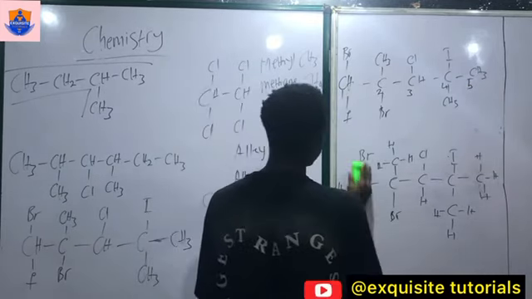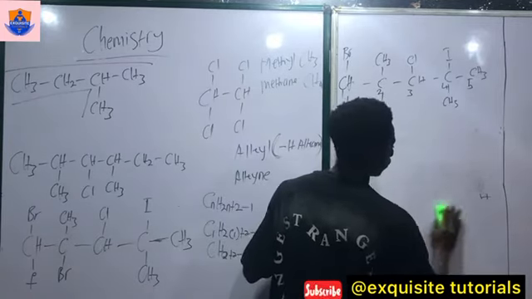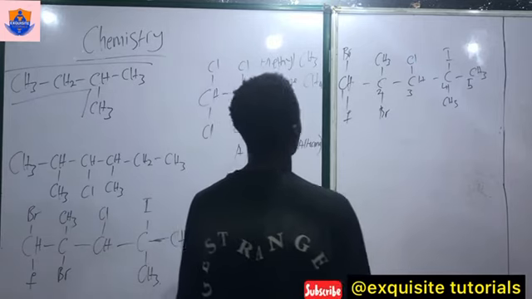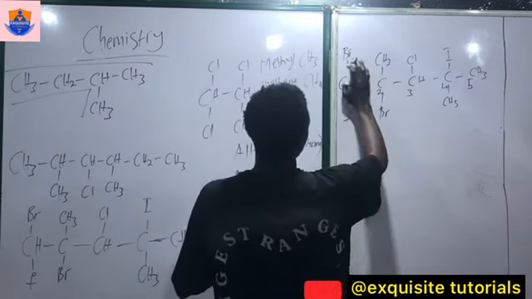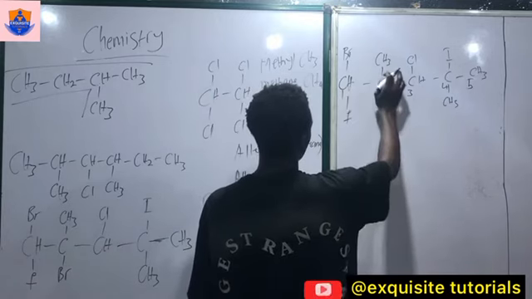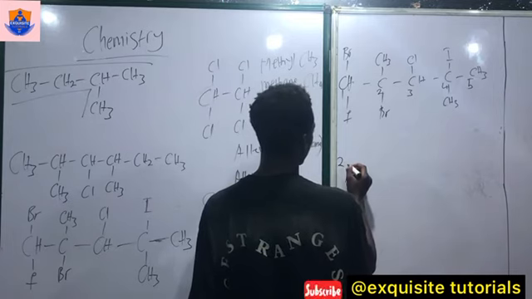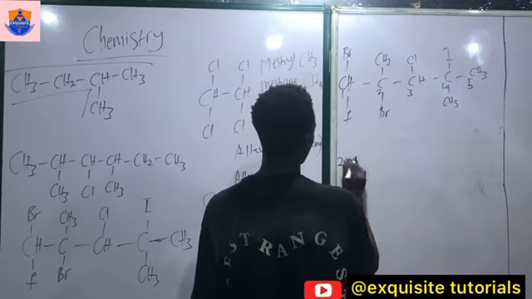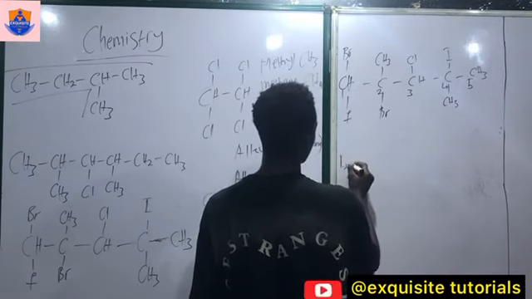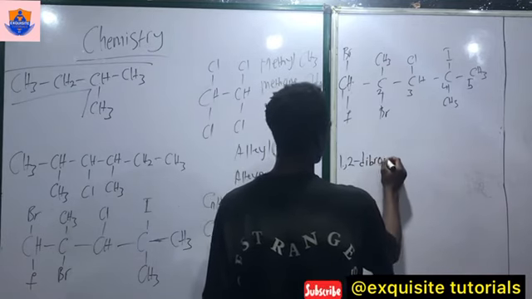Okay. So now how do we name this compound? Let's name this compound. We have bromine here, we have bromine here. So this is bromine at carbon 1, bromine at carbon 2. So we have 1, 2 dibromo.